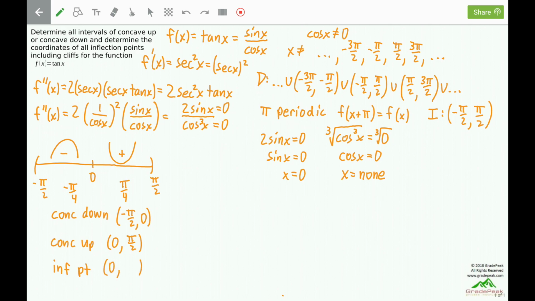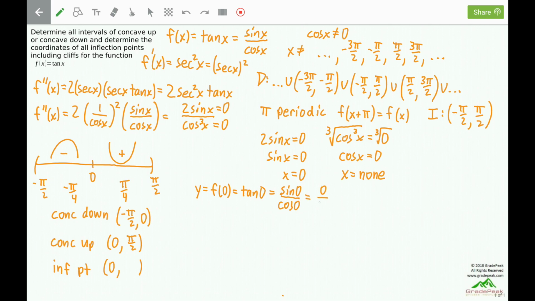And we can find a corresponding y-coordinate by plugging the x-coordinate back into the original function. So y equals f of 0, which is tangent of 0, which is sine of 0, divided by the cosine of 0.